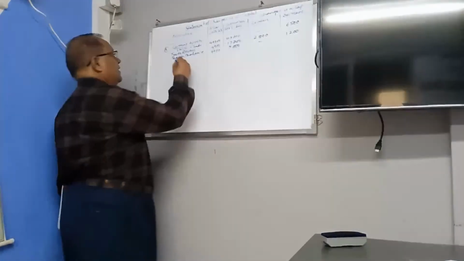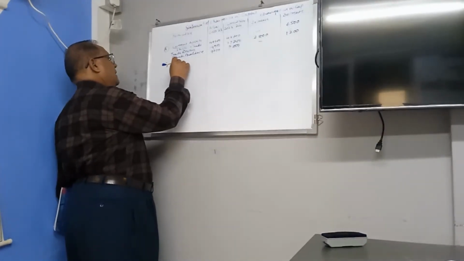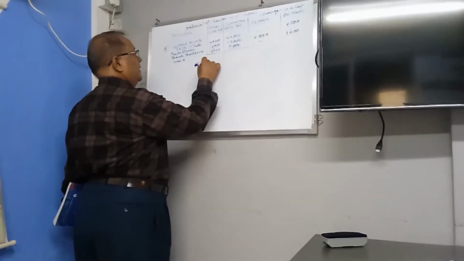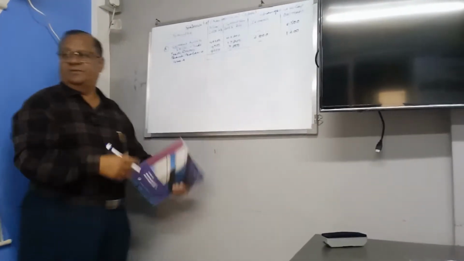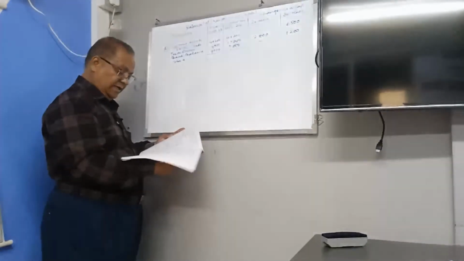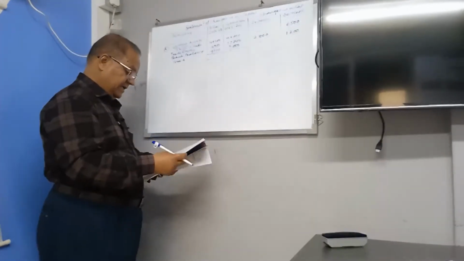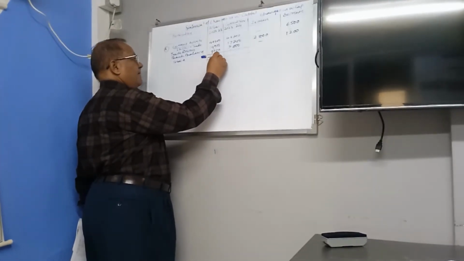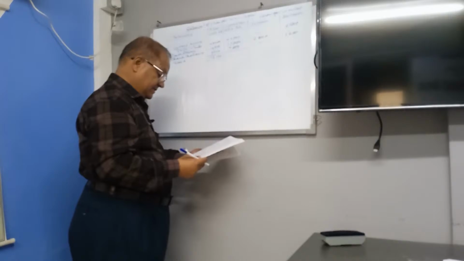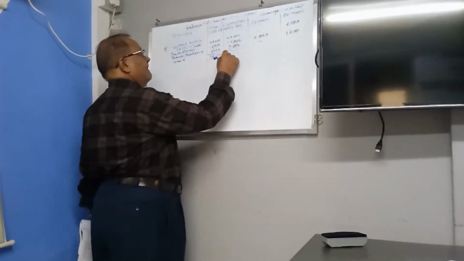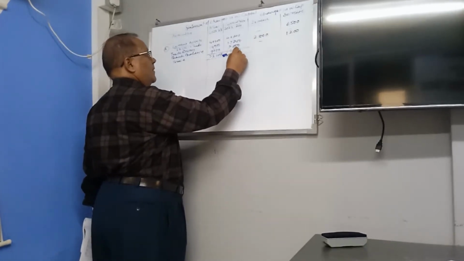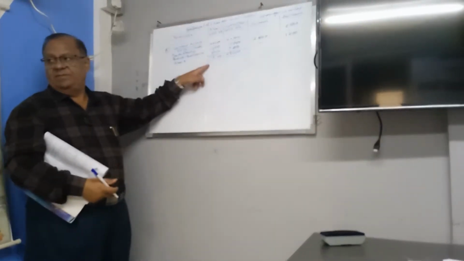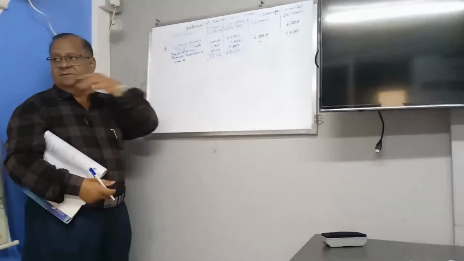Now we'll take this total of A. This is current assets. You take the total of these three figures. While taking the total of three figures, you will get 7,300 and next is 6,800.